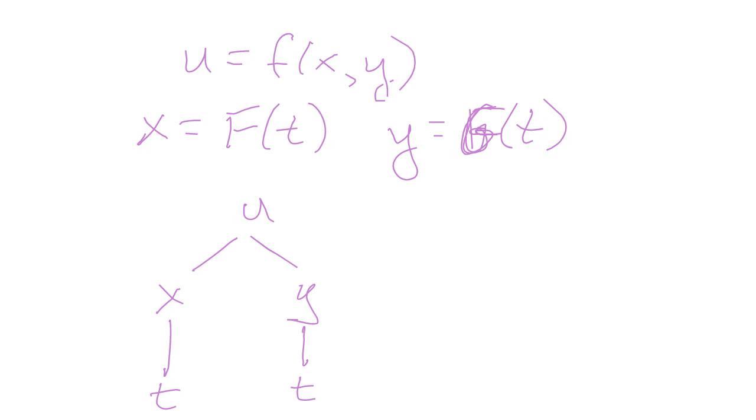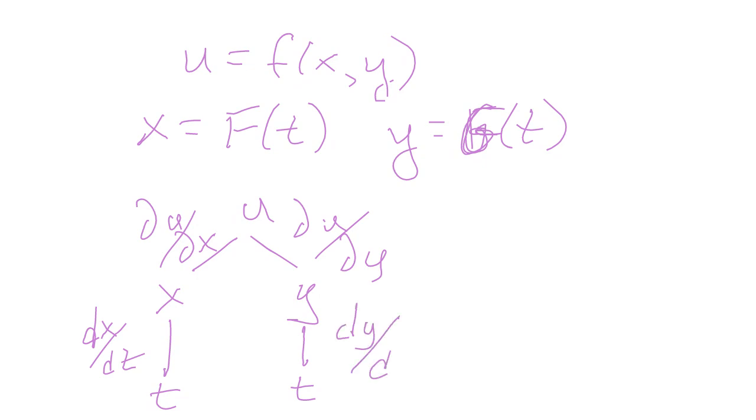So doing this, we've got partial of u with respect to x going this way, but then going from x to t, this is a regular dx dt, because it's only in terms of one variable. Similarly on the right, this is partial u with respect to y, but going down here, this is dy dt. So we need to be a little bit careful on that.